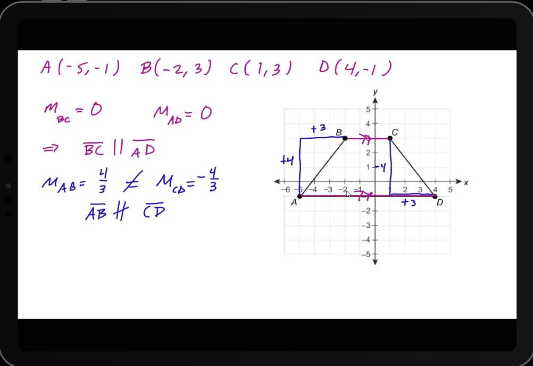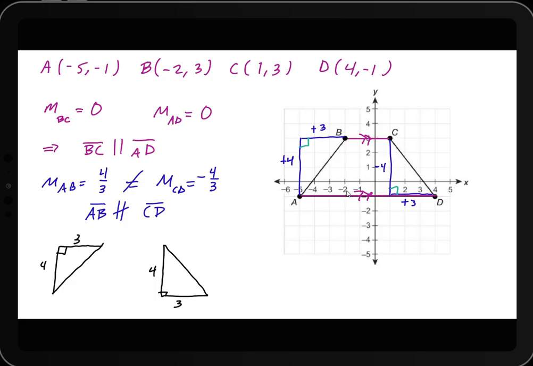And then to verify that it actually is an isosceles trapezoid, you can use the distance formula if you want. But also notice how when I did rise over run, I created these lovable little right triangles. And those right triangles have leg lengths, right? So you've got 4 and 3, and the other one, even though it's negative 4, if you think of it as going down, the length of it is still 4, and it's still 3.